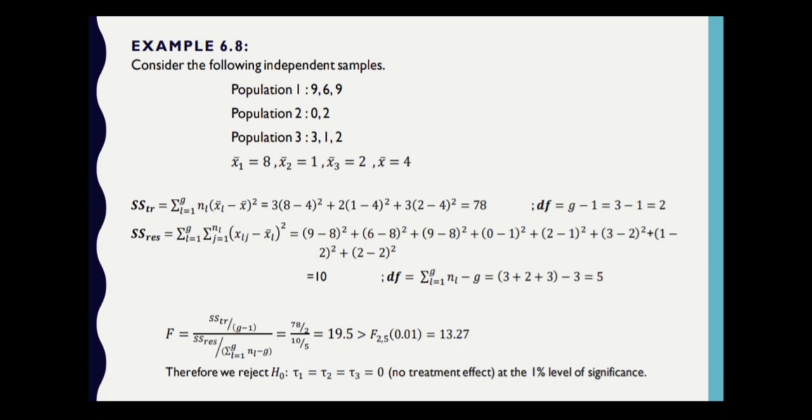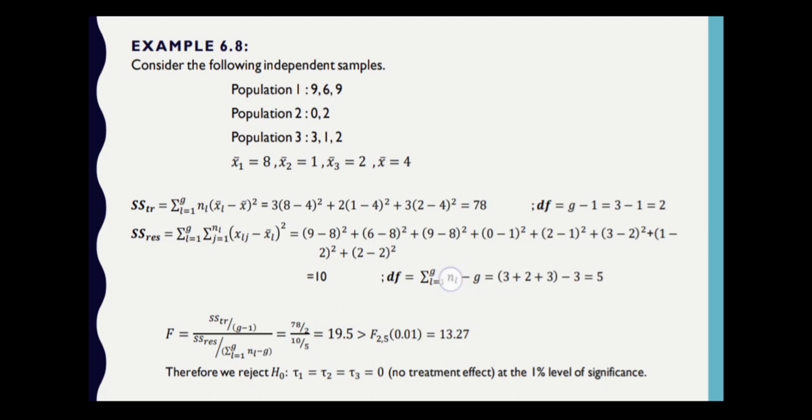So you need to do this for each of the observation, and then you will get 10. So the degree of freedom will be here G minus 1. So 3 adalah G, which is the number of population involved, 3.